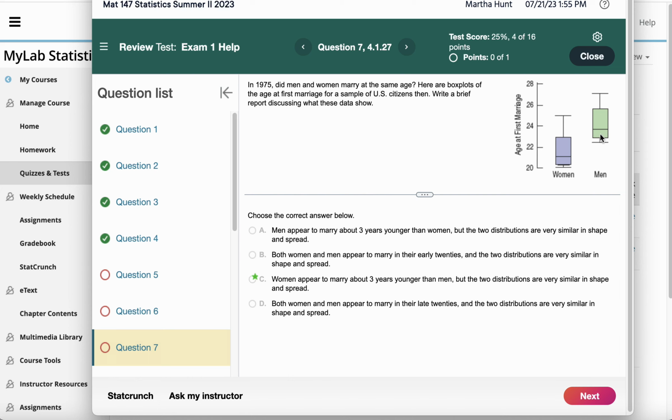That's not a 26. That's more like a 23. So look at the medians, try to estimate what they are. I'm thinking this is about 21, and this is about 23. So the difference between 23 and 21 is about 3.